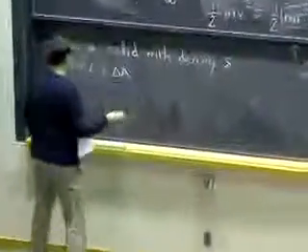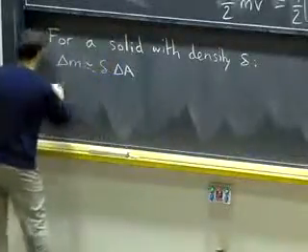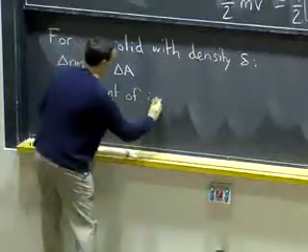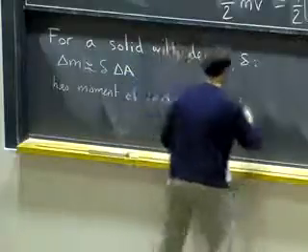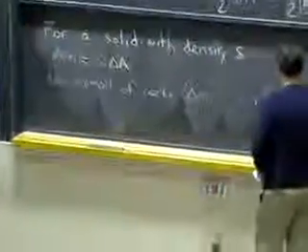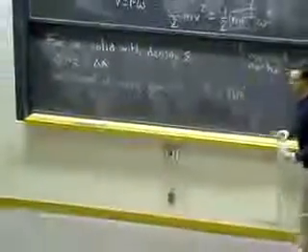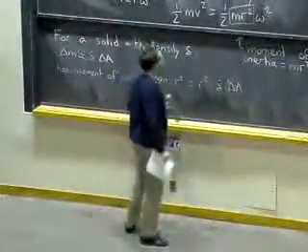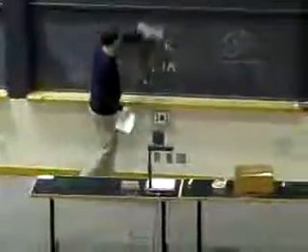So it has moment of inertia delta m times r squared, which is r squared times the density times delta A. And I will be summing these things together. And so the moment of inertia about the origin will be the double integral of r squared times density times dA.